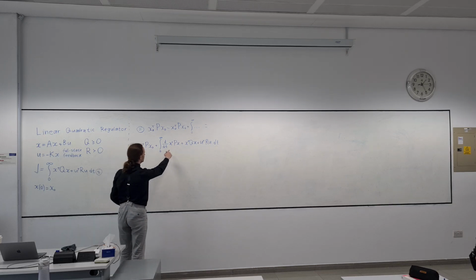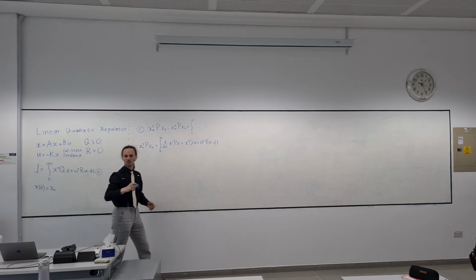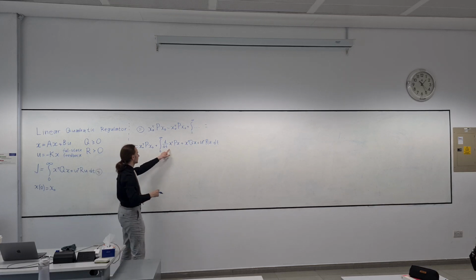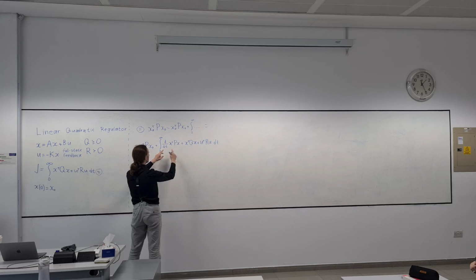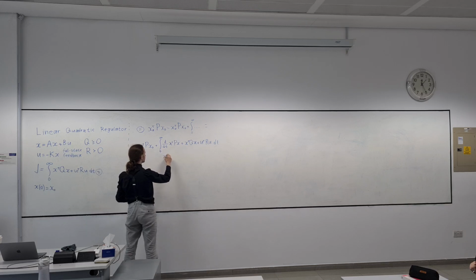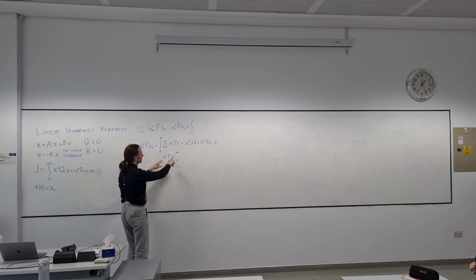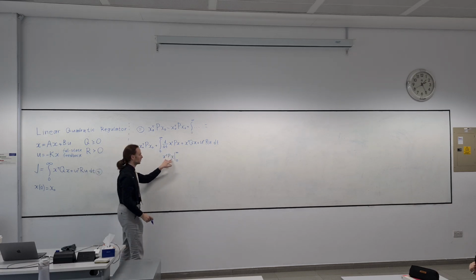Now let us use the product rule. Should we keep the negative sign? No, because if we integrate this thing, it will give us x transpose P x from 0 to infinity, and at infinity we assume the system to be stabilized, so x is 0.